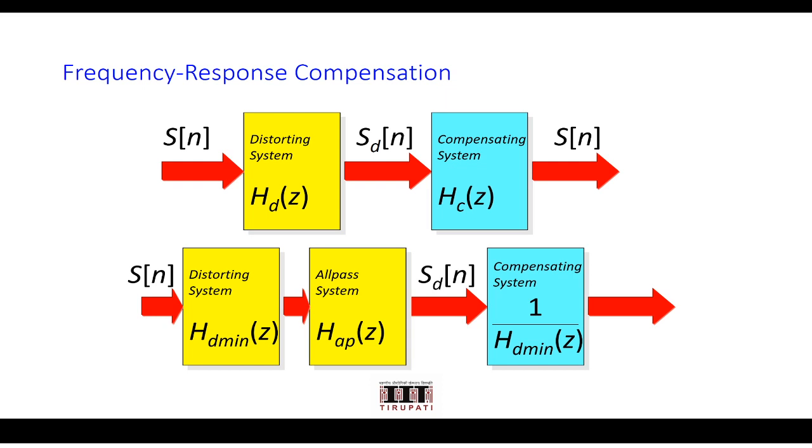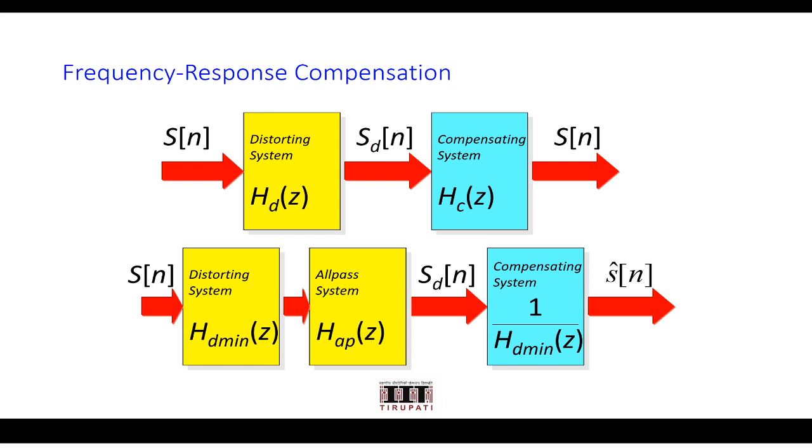Notice earlier it was 1 over H_D of z, which need not necessarily be causal and stable, which is the desired property while designing a filter. Now the moment you decompose it into H_D min of z and H_AP of z, and the compensating system has a transfer function of 1 over H_D min of z, that ensures your compensating system is also causal and stable. Of course it comes at a cost: magnitude wise you are compensating it, but it would introduce some phase distortion, which is inevitable anyway.